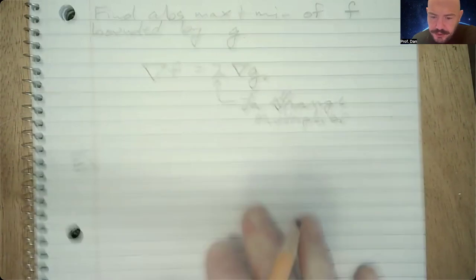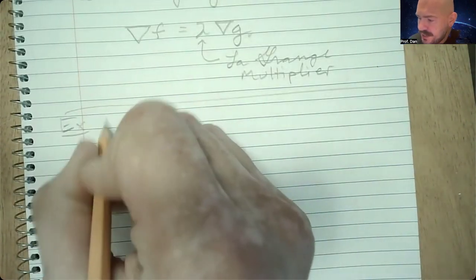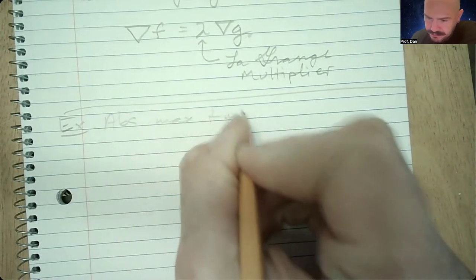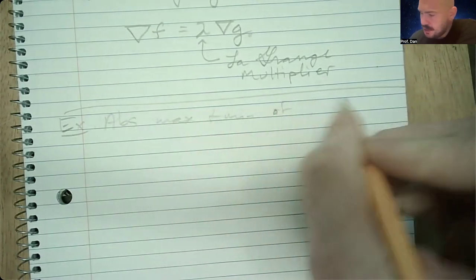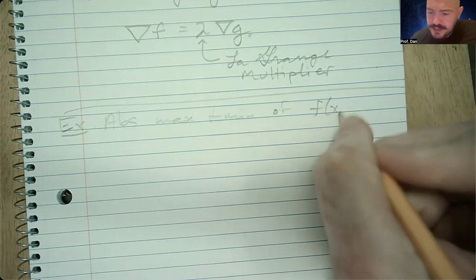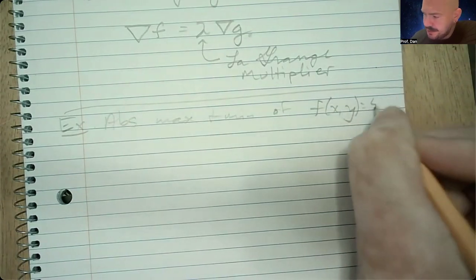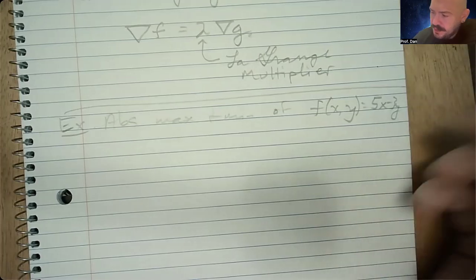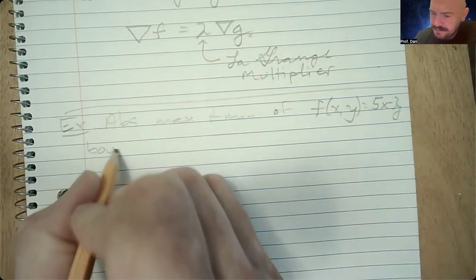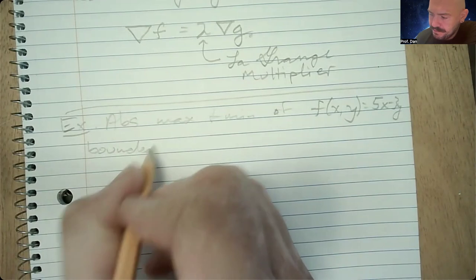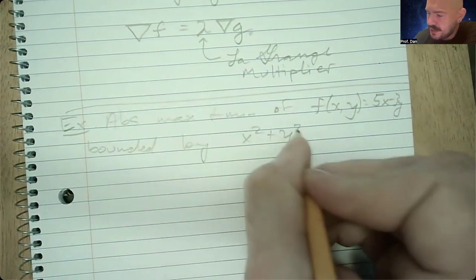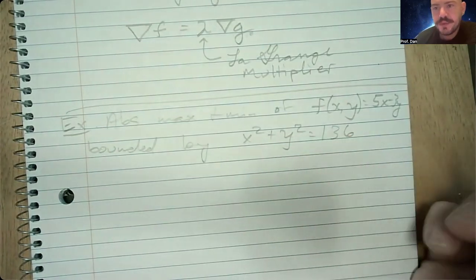So for an example, let's say that we want to find the absolute max and min of this function, f of x,y equals 5x minus 3y, bounded by x squared plus y squared equals 136.